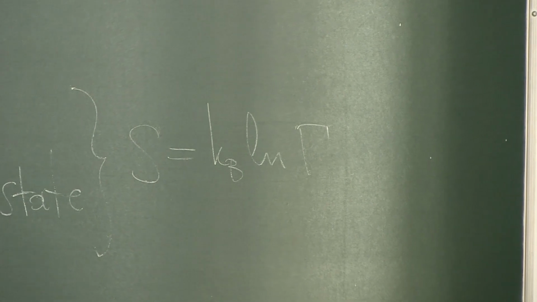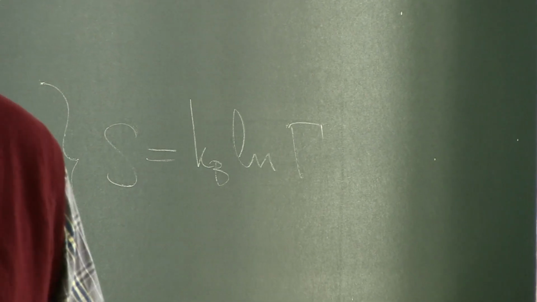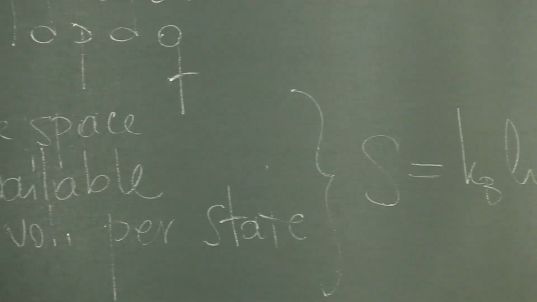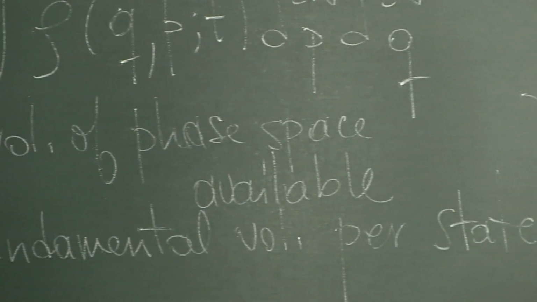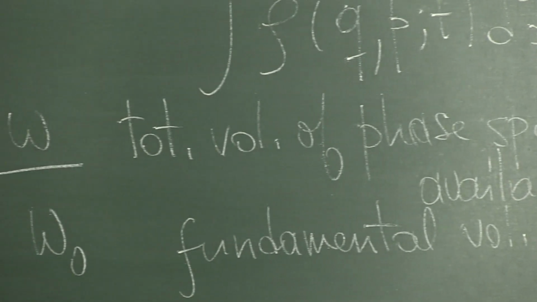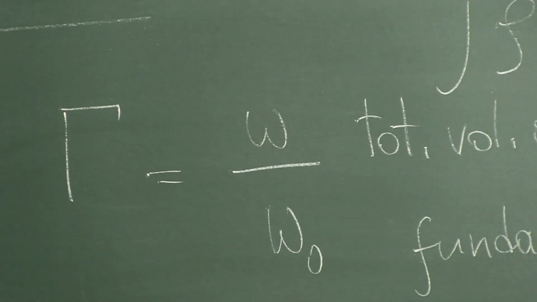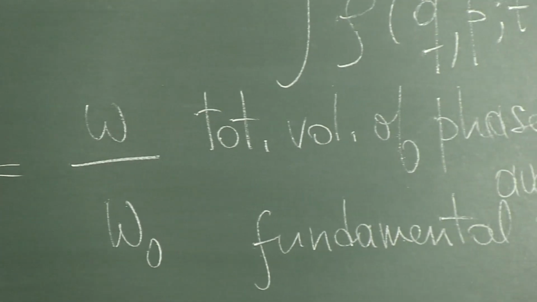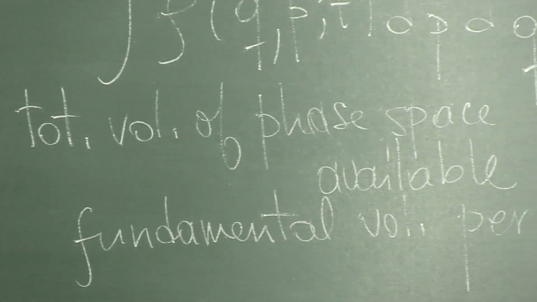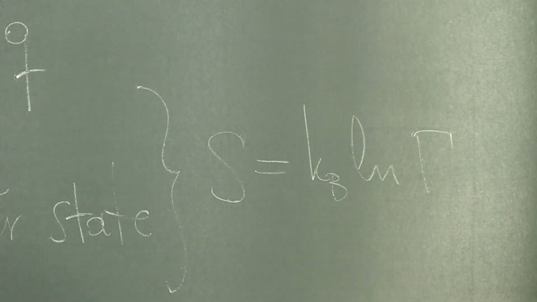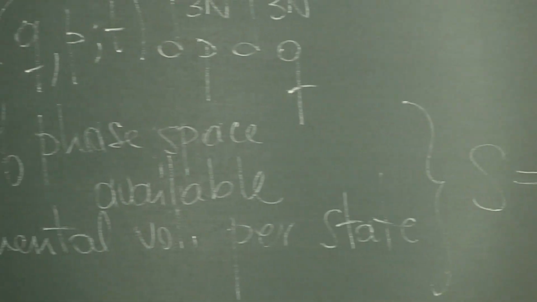But a mathematical point doesn't have a volume, isn't it? So how can I define a fundamental volume that will correspond to a single state? What is the volume occupied by a single state?